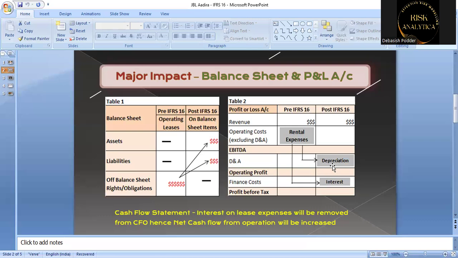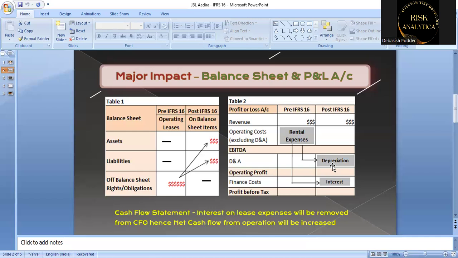Hope you enjoyed this IFRS 16. So if I want to sum up, after the implementation of IFRS 16, 4 adjustments we have to make. One is in a company's books, they will include right of use asset. It means the total fixed asset will be increased.